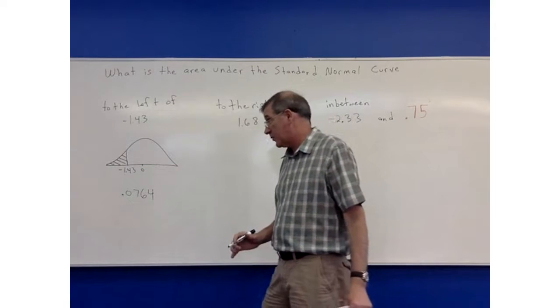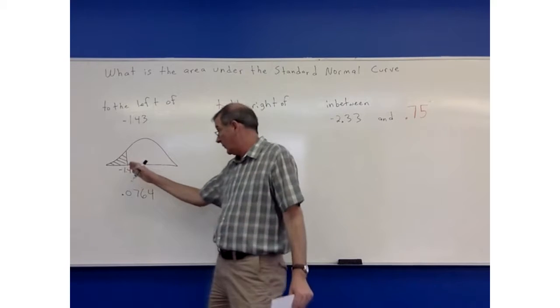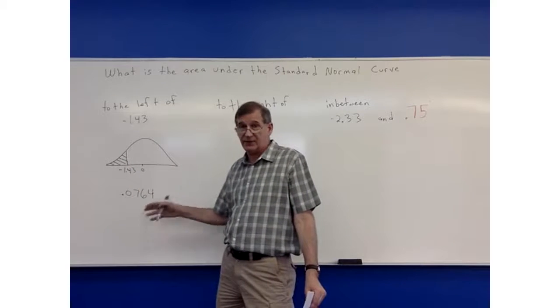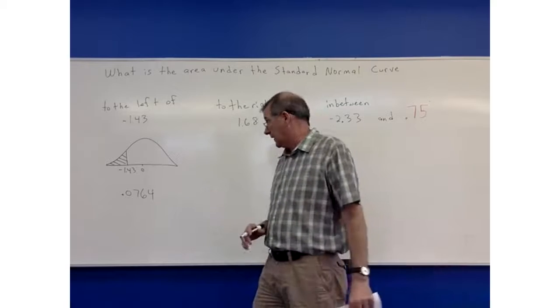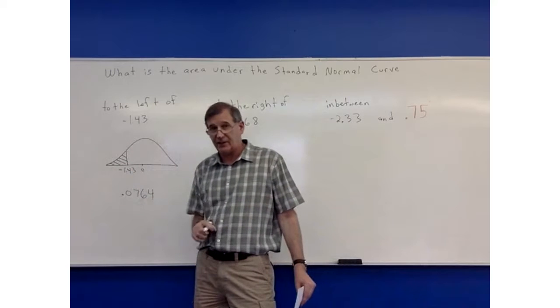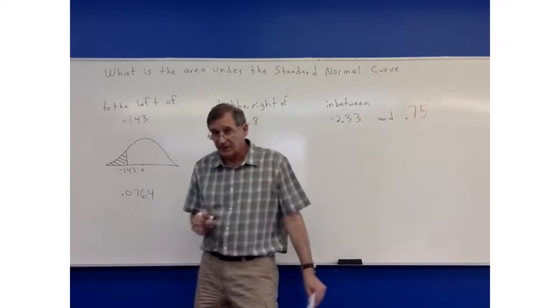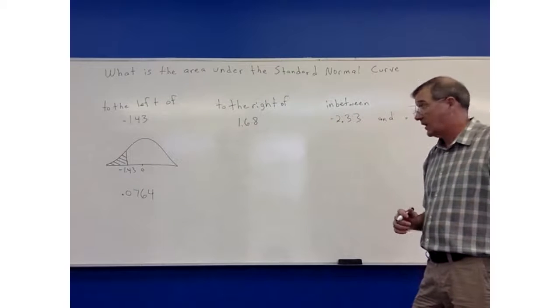So in this case, what is the area to the left of negative 1.43? It's going to be exactly the same area that the z-table gives you. When you have an area to the left, that area is exactly the number off the z-table.